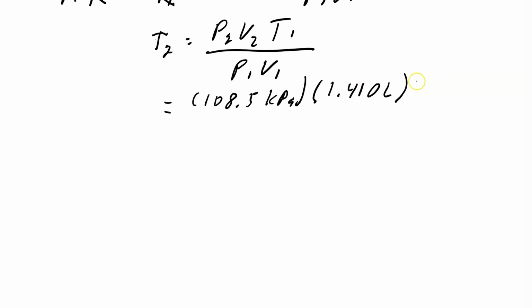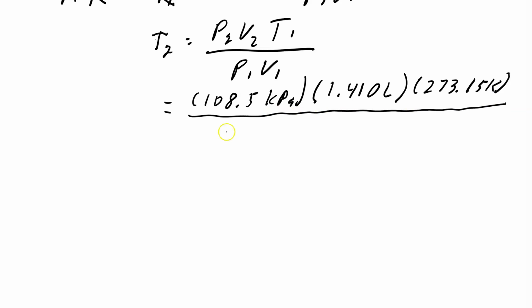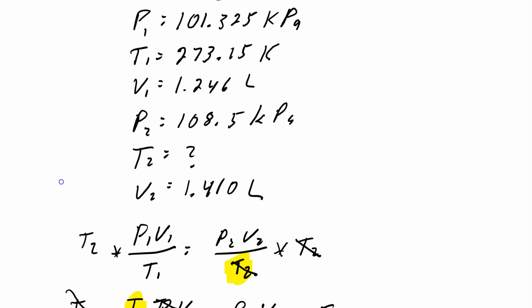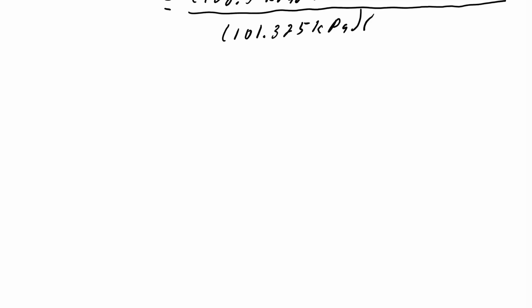T1 was standard temperature, so 273.15 kelvins. And then downstairs, P1 was standard pressure, 101.325 kilopascals. And V1, that was given at 1.246 liters.